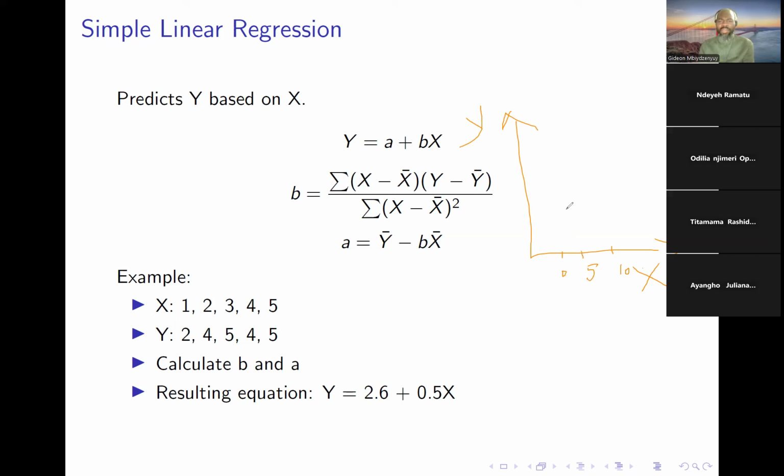And then you map the students against their scores, and one student scores here, another student scores there, another one scores here, another one scores there, and so on. These are the points which represent the data.